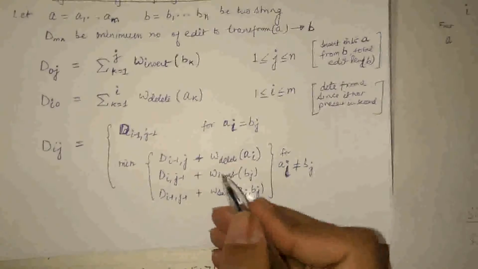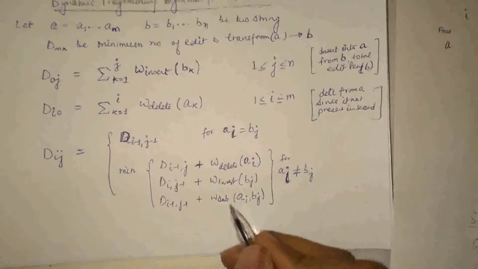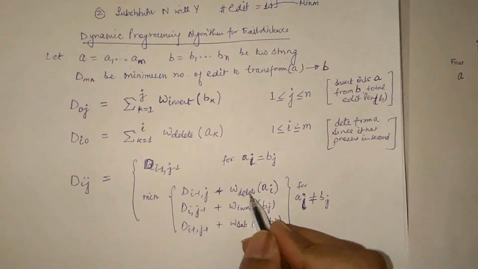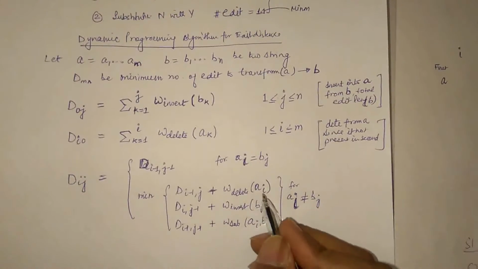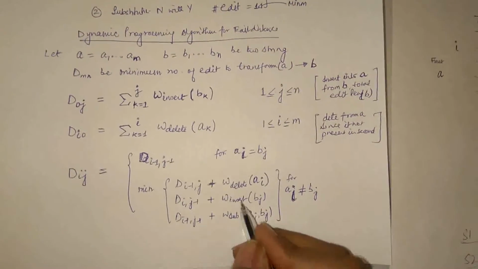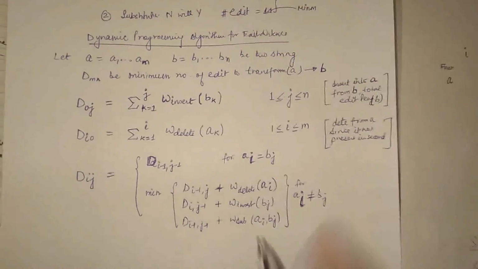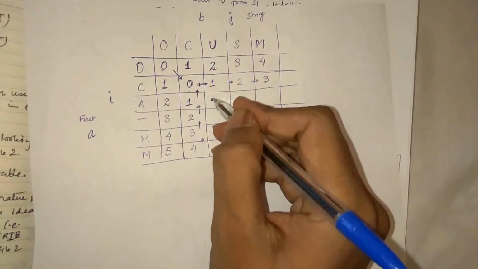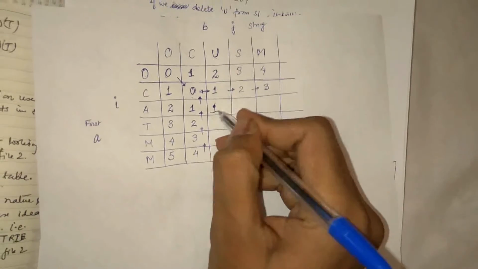Since this costs 1, this also costs 1, and this also costs 1, because deletion is one operation on one element, insertion is 1, and substitution is also 1. So basically this is the minimum of this plus 1, so this will become 1 if these two are not matching.